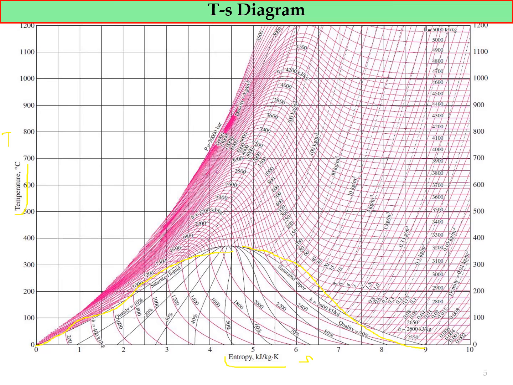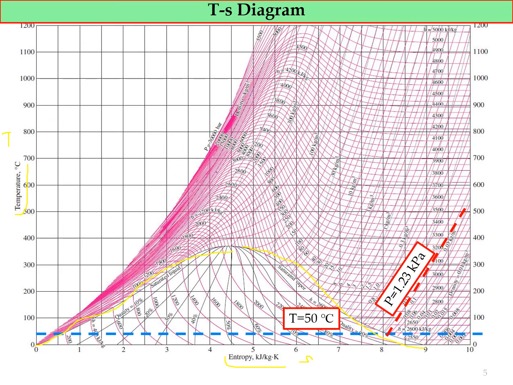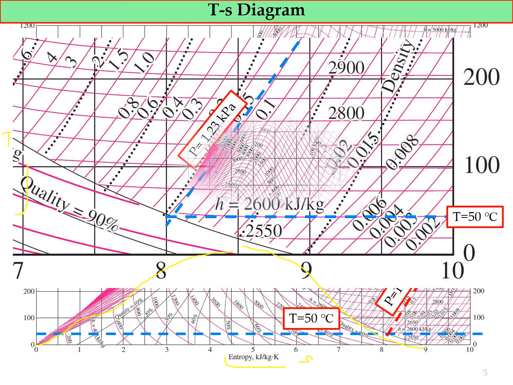Since air conditioning operates within minus 10 degrees Celsius to 50 degrees Celsius, we can put a line here at the temperature of 50 degrees Celsius. And since the pressure is also within atmospheric pressure, the maximum pressure of the air conditioning system is 1.23 kPa. Let's say we expand this figure.